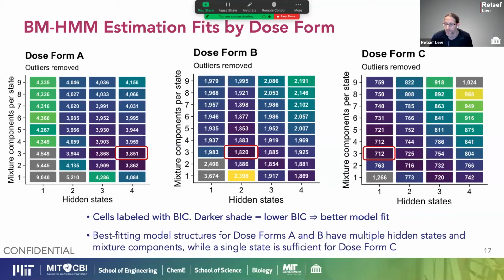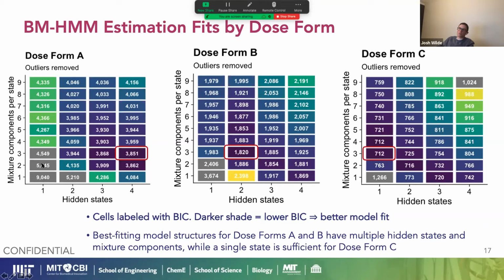Just to give you a flavor of interpreting these numbers, as has been said, the magnitude of difference between BICs is not very meaningful. But if we look at the difference between these two gray boxes here, if you only use a single binomial model with a single mode to describe your whole data set, then you have a BIC of around 9,000.